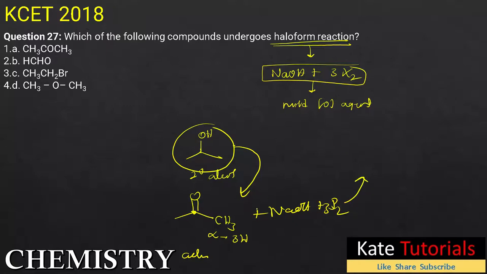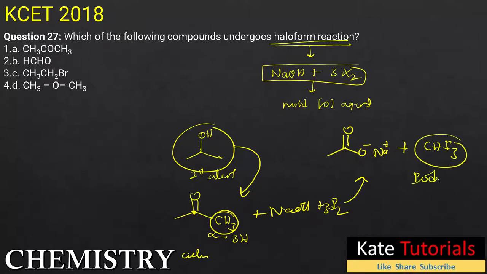The ketone will be converted to a carboxylic acid salt, COO minus Na plus, and the CH3 group becomes CHI3, which is nothing but iodoform. Yellow crystals will be there, and it is a sweet smelling liquid.